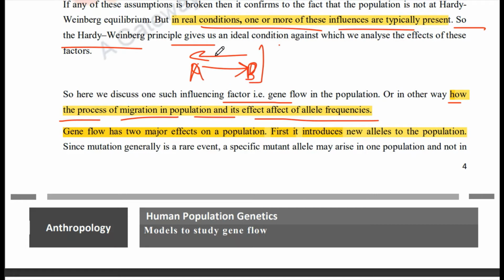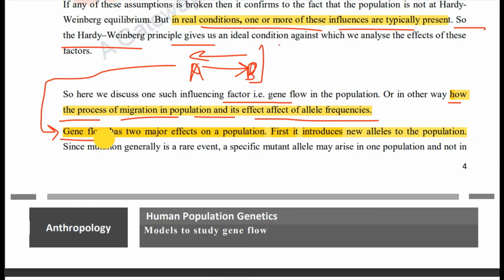So anyways, there is a form of migration happening, and because of that there is an effect on the allele frequency or the genotypic frequencies, or in the broader picture, the gene pool of the population is affected. This leads to an evolutionary process called gene flow, because it is either inflowing or outflowing.